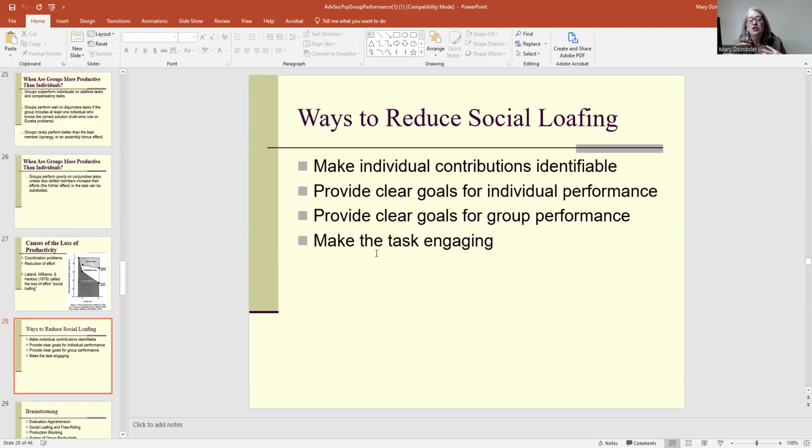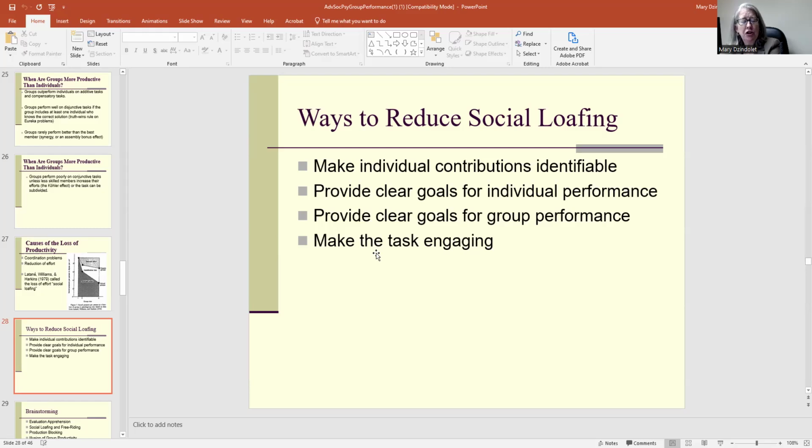And so not only do you reduce social loafing, you get extra people working extra hard to meet those group goals. And all 3 of those things you could do potentially as a manager. Look at the individual contributions and assess those, have clear goals for individual performance and see if they're meeting them, have clear goals for group performance, see if they're meeting those.